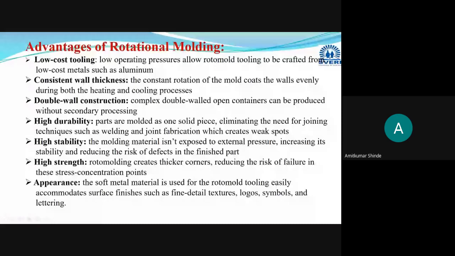As here in this process we are using very low pressures, that's why the tooling cost is very less. Then consistent wall thickness, as we are doing the constant rotation and due to the proper heating and cooling, uniform wall thickness is obtained.